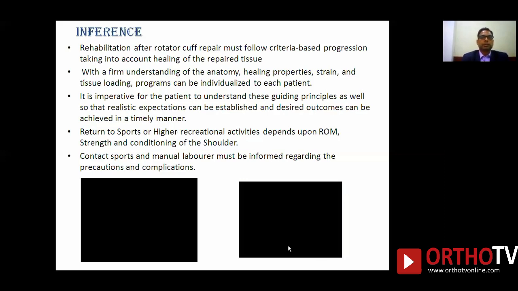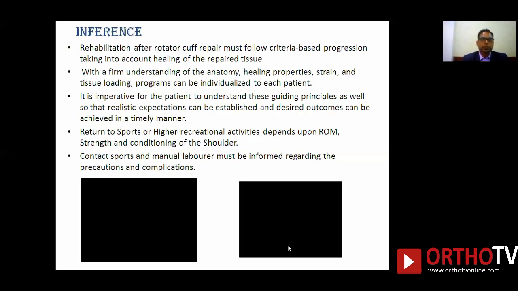With a firm understanding of the anatomy, healing properties, strain, and tissue loading, the program can be individualized to each patient. It is imperative for the patient to understand these guiding principles as well so that realistic expectations can be established and the desired outcome achieved in time.